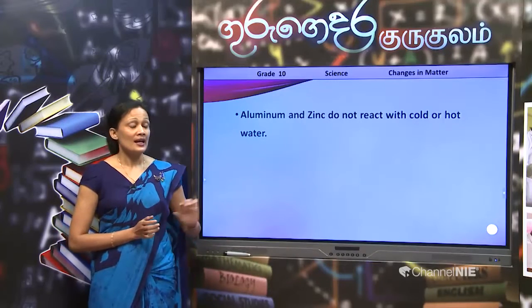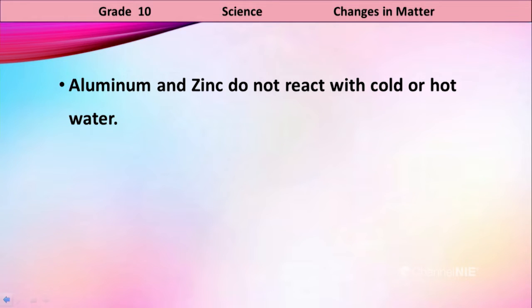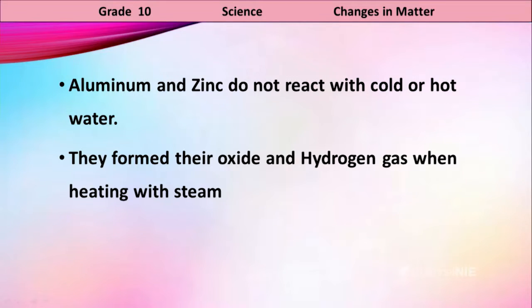Zinc does not react with cold water or hot water. It forms its oxide and hydrogen gas when heating with steam. Look at this equation. When zinc reacts with steam, it forms zinc oxide and hydrogen gas.